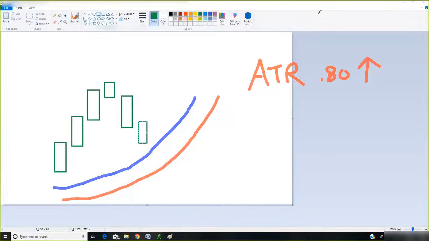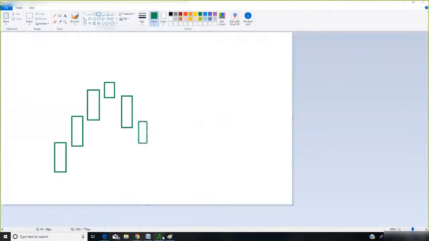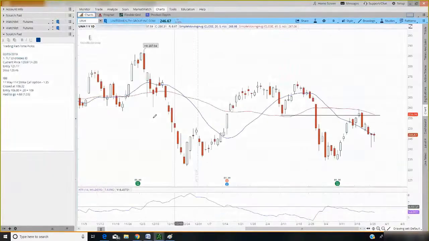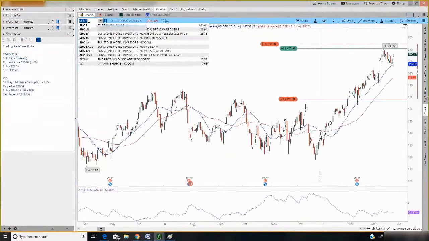And this is our picture. So let's just go to the chart. And let's see, for example, let me go to my, I have my other pulled up. Okay. Perfect example.